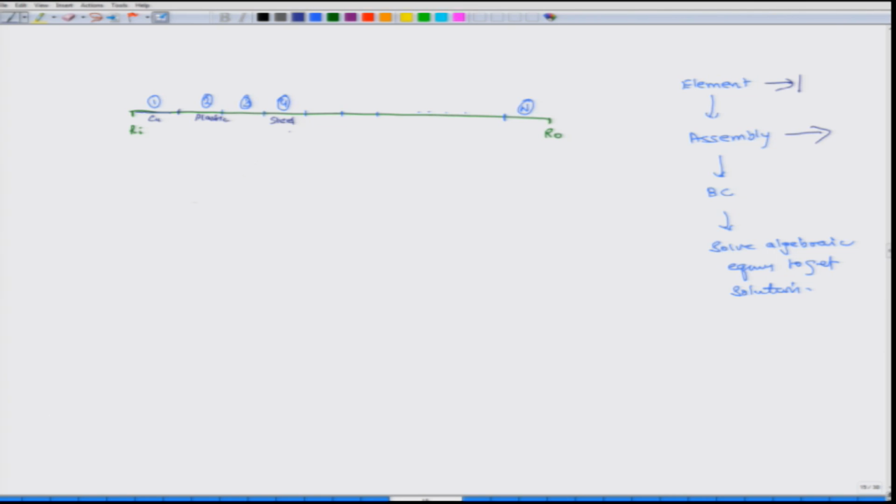Also, suppose this is one element, the eth element, and within it the material property is slowly changing. Then, just as you have a shape function for displacement, you can also say that k is a function of x, and assume a polynomial function for that, and integrating polynomial functions is easy.